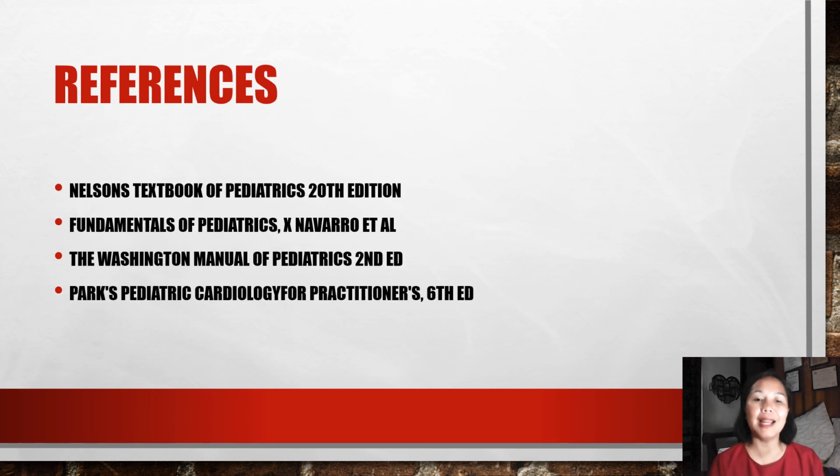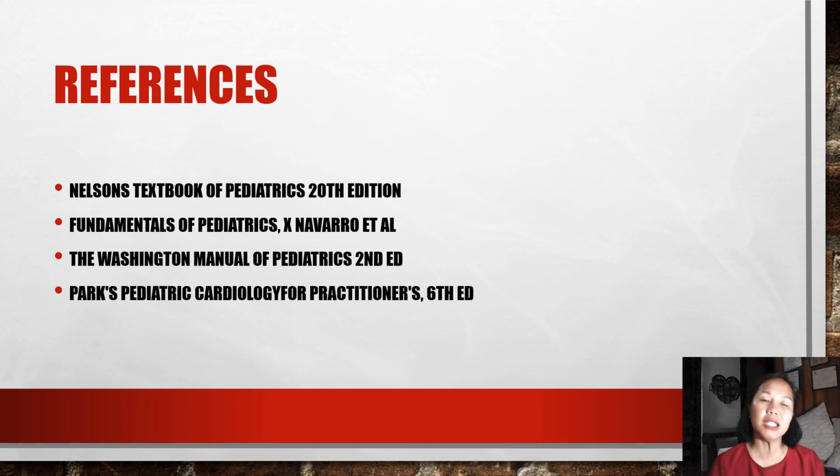So that is my last slide. I hope that you have learned and understood my lecture. I have discussed to you the fetal circulation and its transition to neonatal circulation. I have already discussed how to evaluate suspected patients with congenital heart disease.